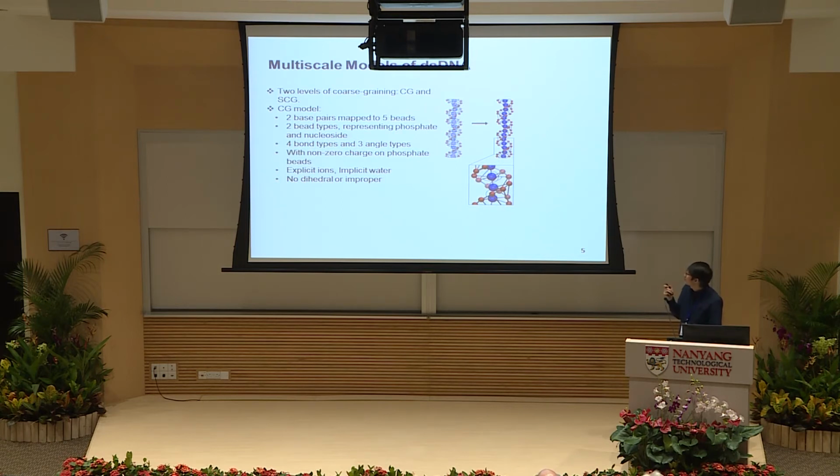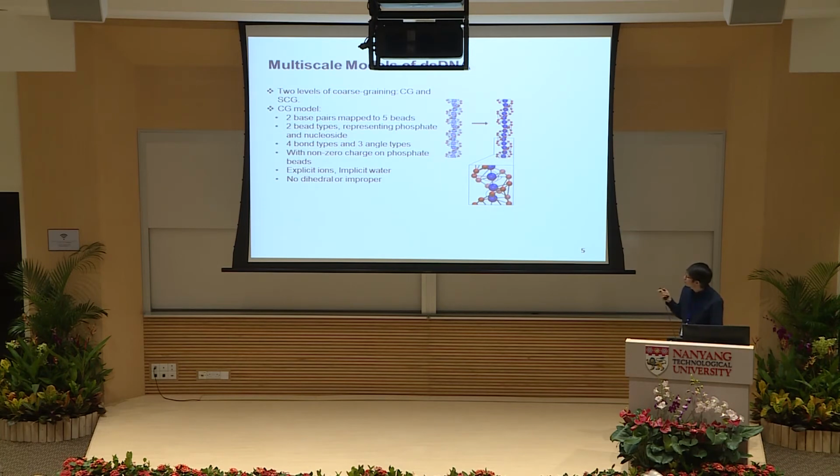As you can see, at the center we have beads representing nucleosides, and along the backbone of DNA we have two kinds of polyelectrolyte chains representing the phosphate groups. We have four bond types and three angle types. Together, we have this coarse-grained DNA model.